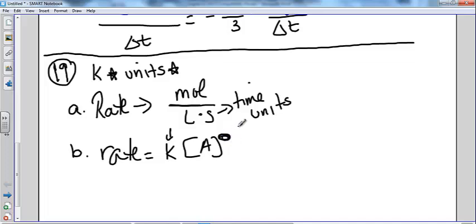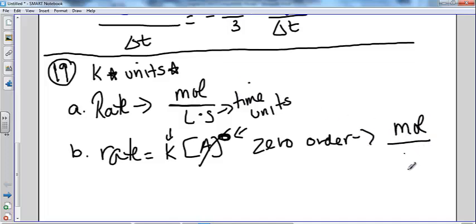We call it zero order, but when we do math, we raise it to the 0 power, so in essence we multiply it by 1. It doesn't change your units because k is going to be equal to the rate. So when it's zero order, your units are going to be exactly the same as they were in part A: moles over liters times seconds, or again, whatever time unit they give you.